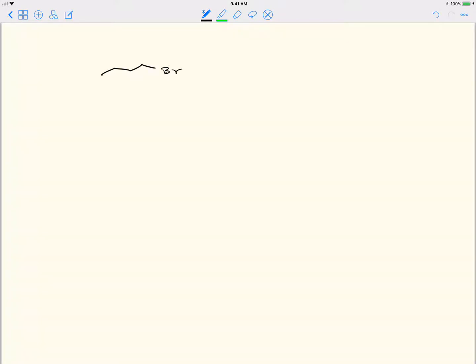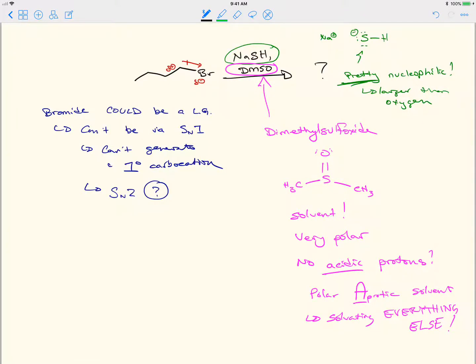So now let's just redo this. All right, so now I guess we can go back and bring all of this together. 1-bromobutane can't do SN1 chemistry because a primary position cannot generate a carbocation. The only type of chemistry we can do at this position is perhaps SN2 chemistry.